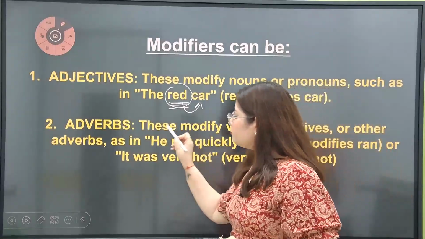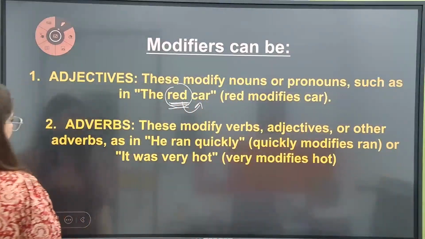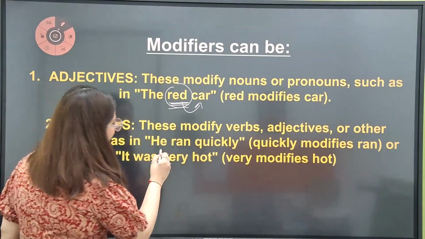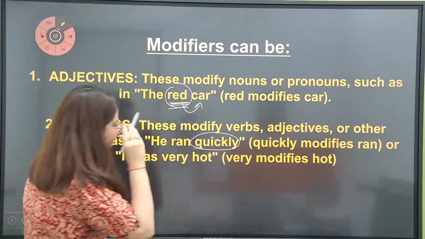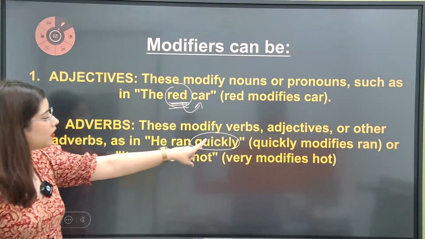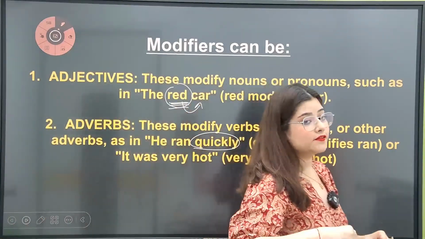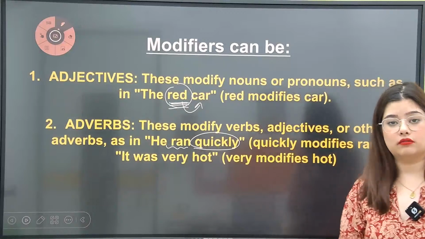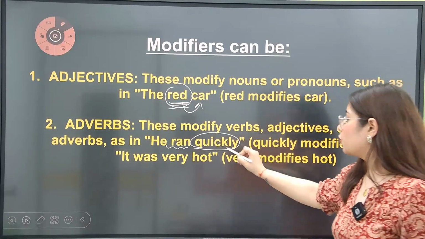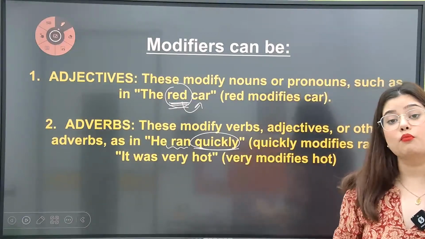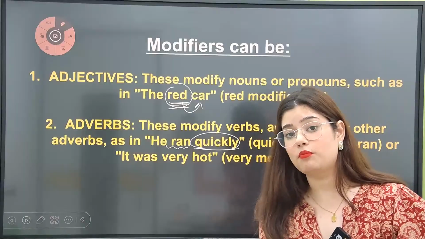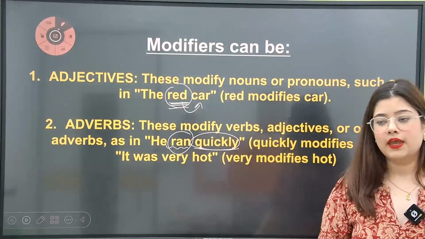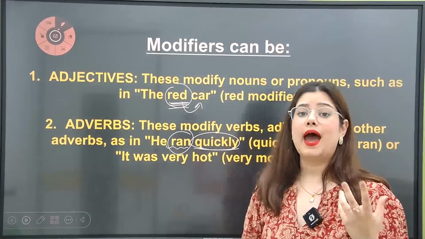Okay, let's have a look at the next statement. He ran quickly, right? Here, quickly gives us additional information about how he ran. So quickly here acts as a modifier, and what is it modifying? It is modifying the word ran, and quickly is an adverb.